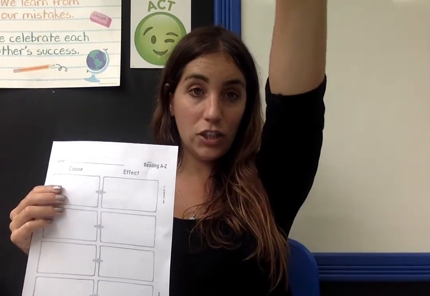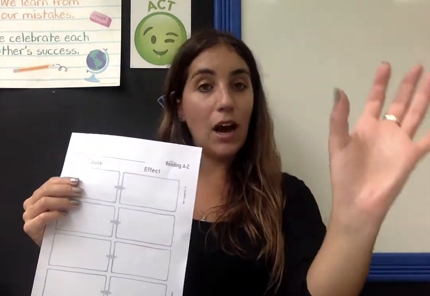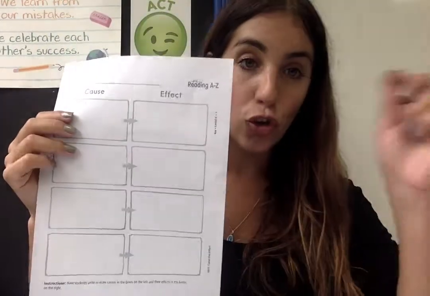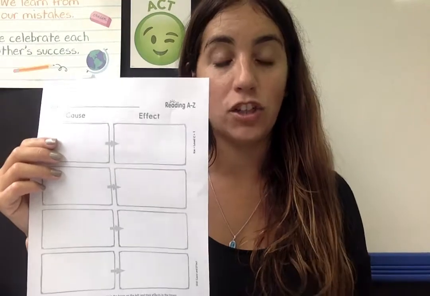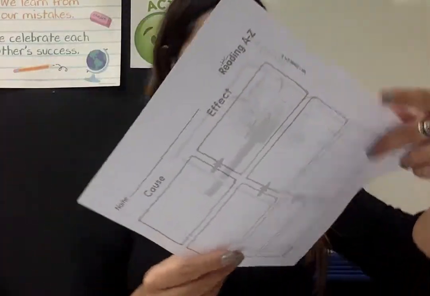Se ainda não entender muito bem, tem o cartaz no finalzinho na nossa parede, na nossa sala, e pode dar uma olhada para ver o que é causa e o que é efeito. Okay? So, that's what you're doing on this side. You can draw or you can write. If you draw, I want labels on your pictures. Se você desenhar, eu quero labels nos seus desenhos.